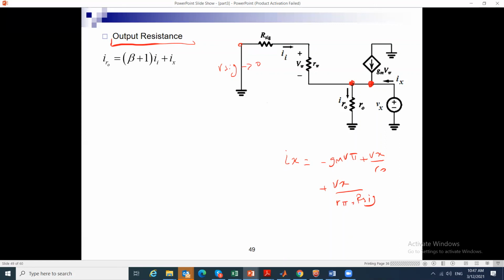What is the voltage at this node here? Vx. And in this branch, what does V pi comprise out of Vx? يعني إذا كلها هاي Vx قديش ال V pi منها؟ It's a voltage divider, right?